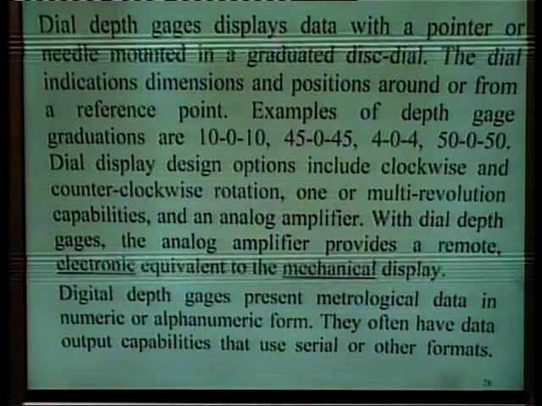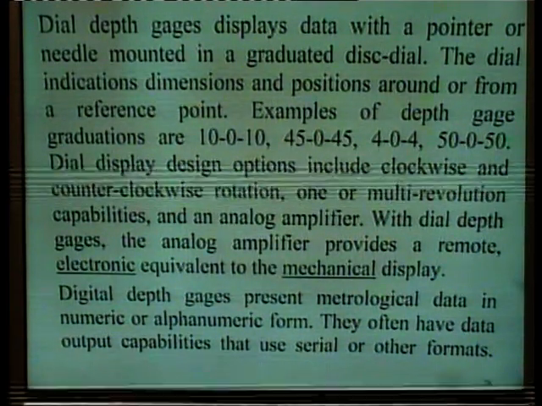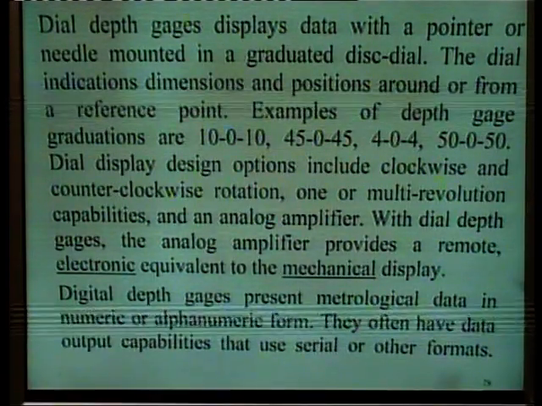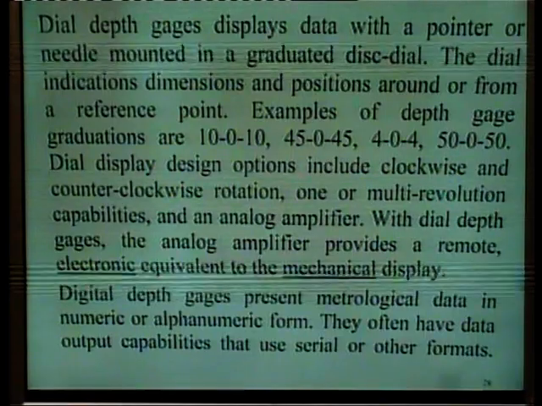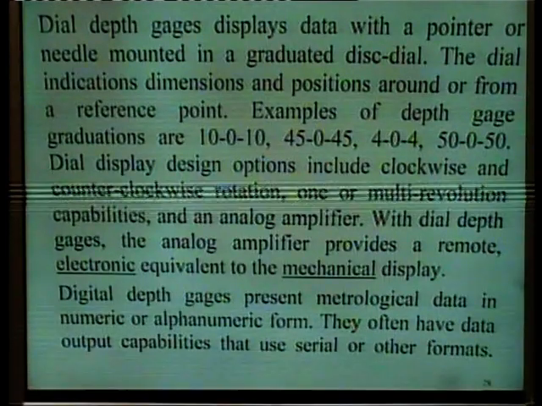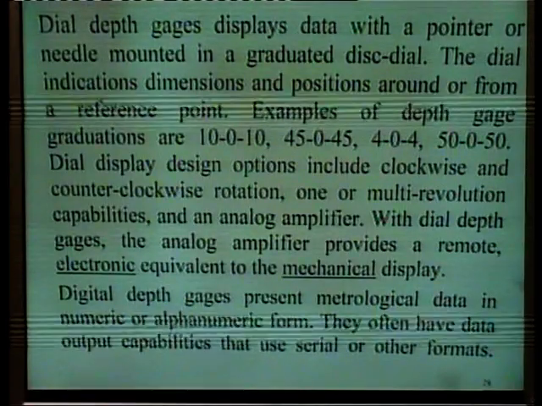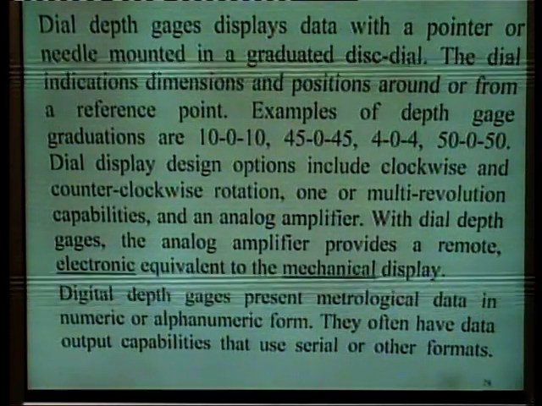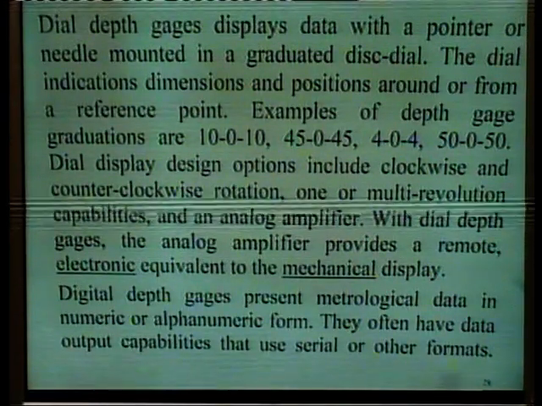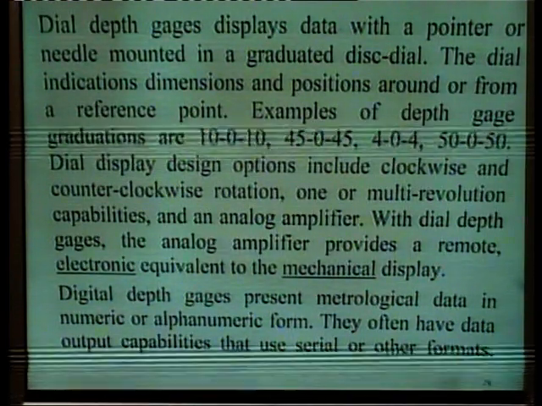Examples of depth gauge graduations are 10-0-10, 45-0-45, 4-0-4, 50-0-50, etc. Dial display design options include clockwise and counterclockwise, or anti-clockwise, rotations, one or multi-revolutions, calibration and analog amplifiers.